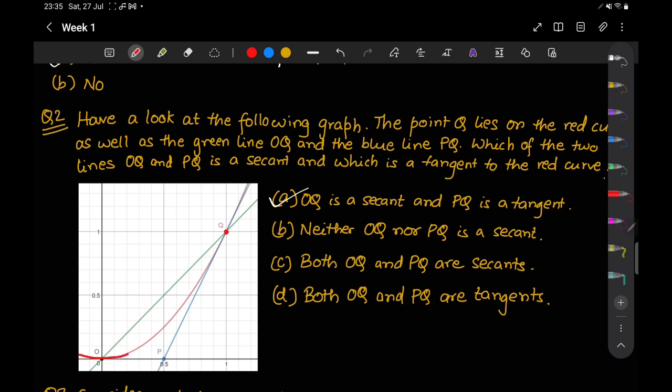This is the red curve, I'm just retracing it for you like this, and this is the green line over here.